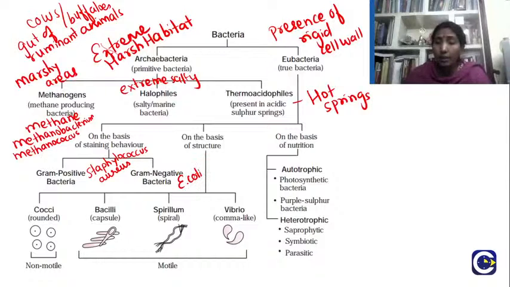We can give many more examples, like Pseudomonas and Klebsiella. They are classified depending on the staining. So that is very important.